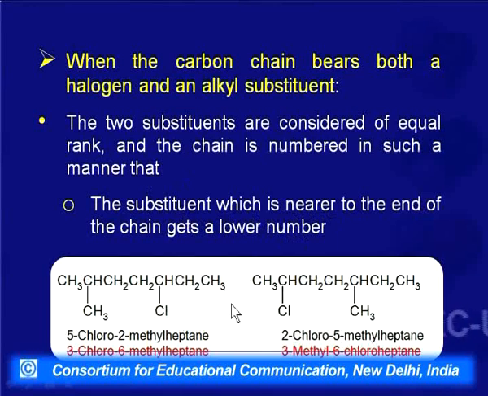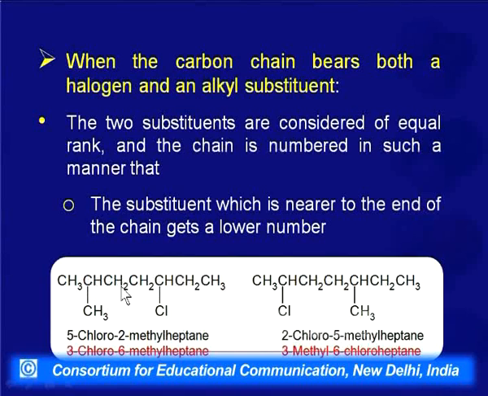Let's see it through this example. We have this molecule. Now again we have a possibility of numbering it from here or from this side. So if we start from here, we have 1, 2, at second position we have methyl, 3, 4, and at fifth position we have chloride, and then of course 6 and 7.